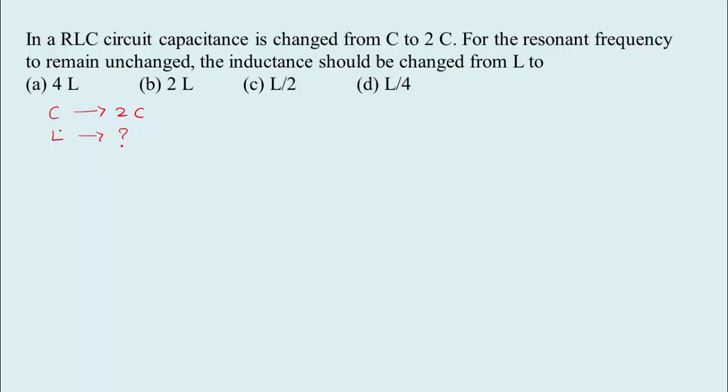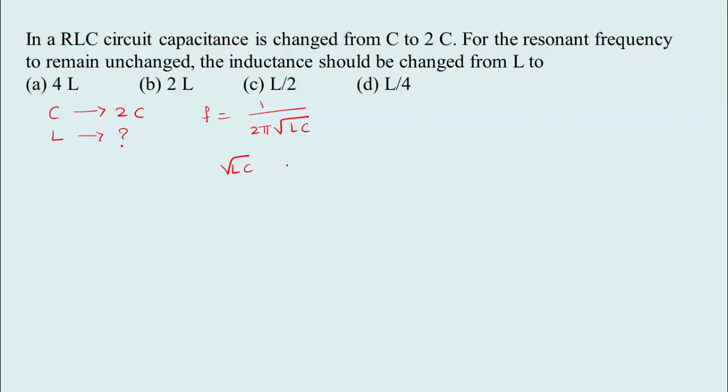So we have the relation F equal to 1 divided by 2 pi root of LC. We can use this equation here. When the capacitor is doubled, we know that always the inductor is half, so that the resonant frequency remains unchanged.